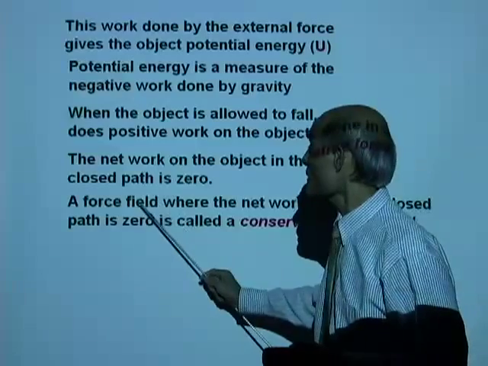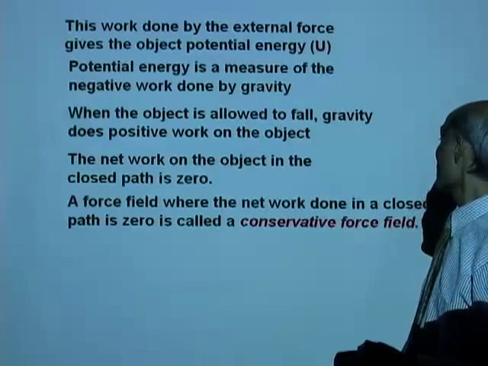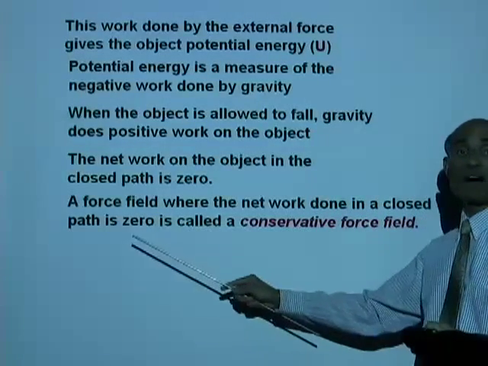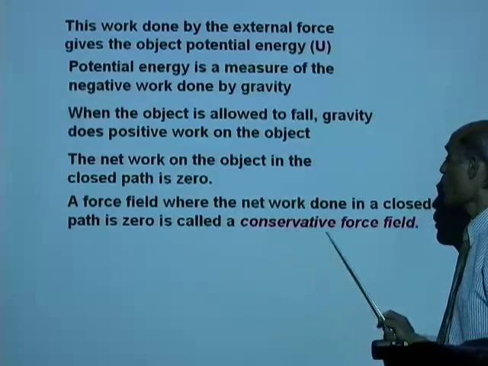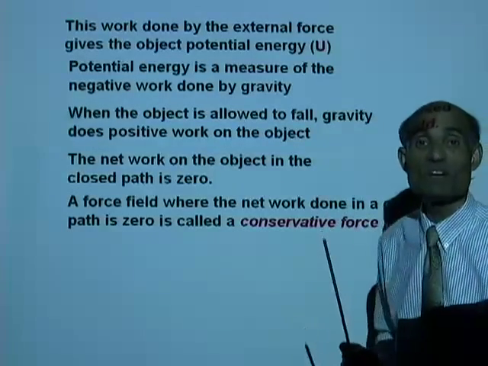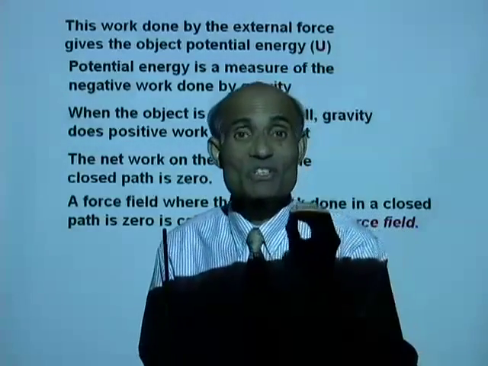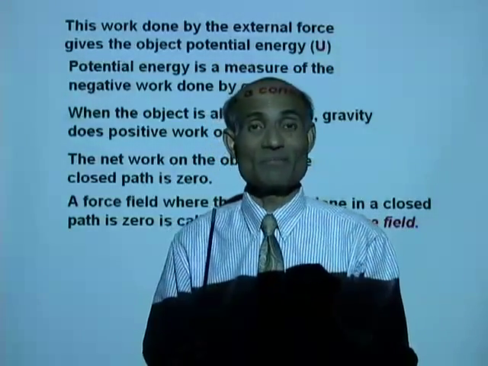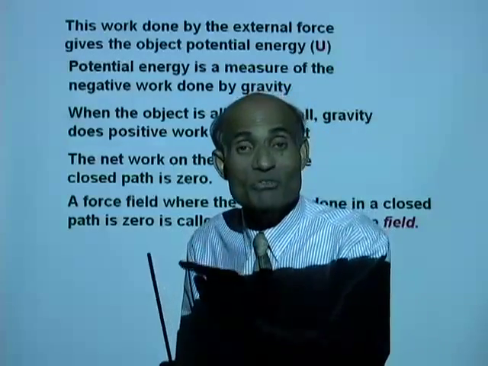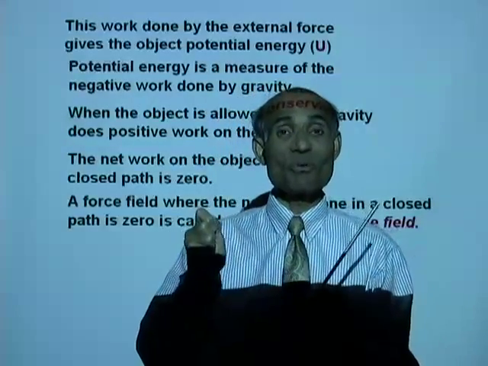A force field where the net work done in a closed path is zero is called a conservative force field. Gravitational field is a conservative force field. In the same way, electric field is a conservative force field.